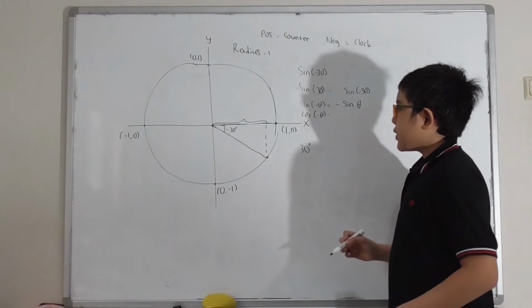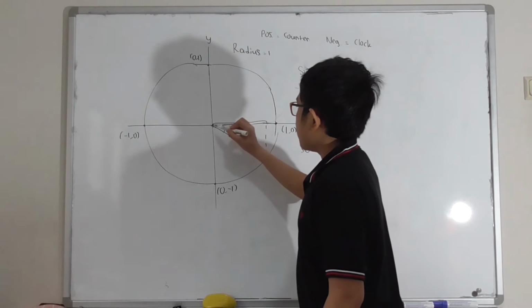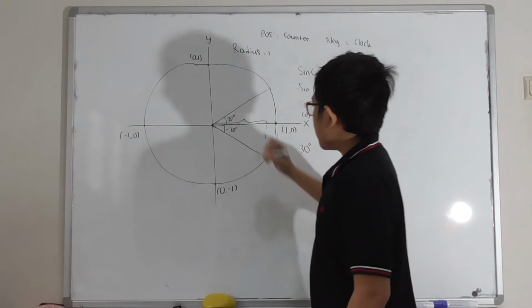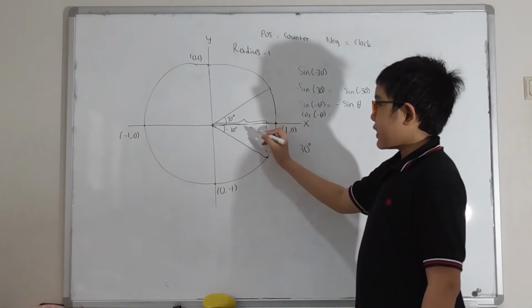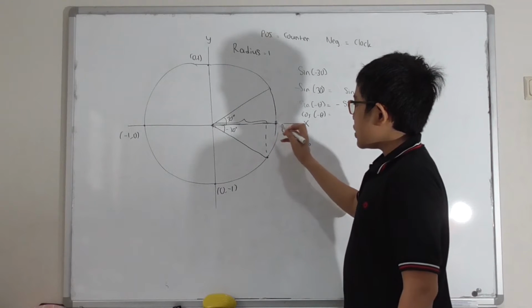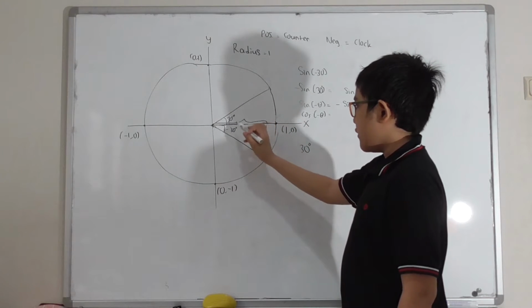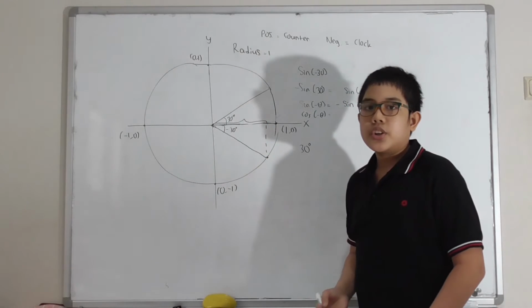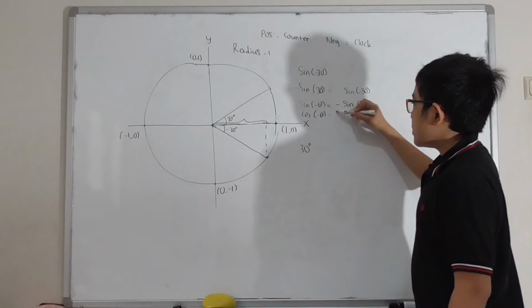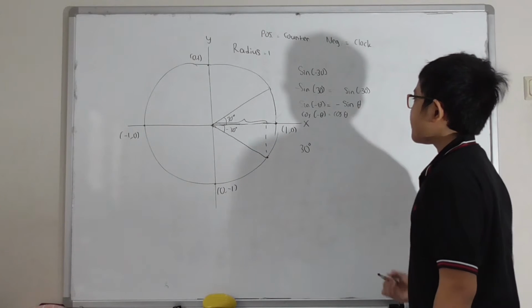And then, what about our 30 degrees angle? It's going to be like this, then it's going to be 30 degrees. Well, the x value will still be equal, because the x value in here is going to be used in cosine of 30 and cosine of negative 30. So we can say that cosine of negative theta is equal to cosine of theta.